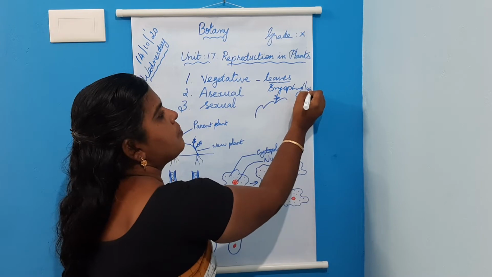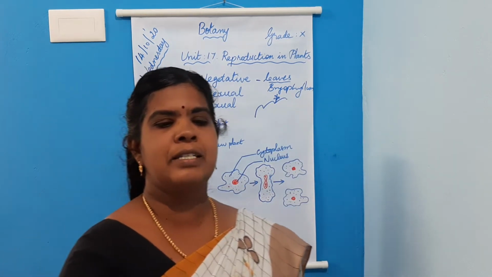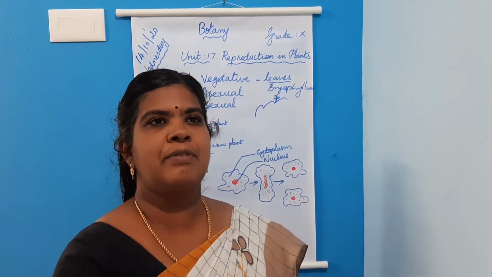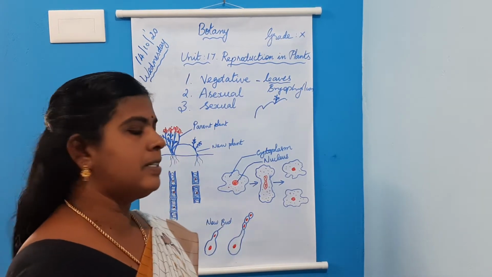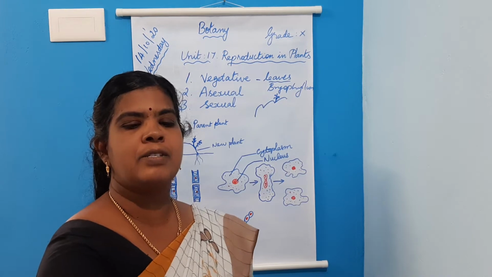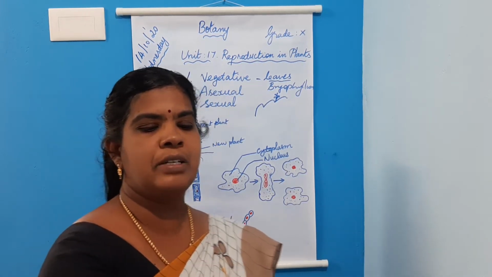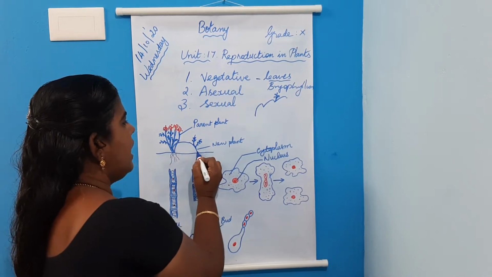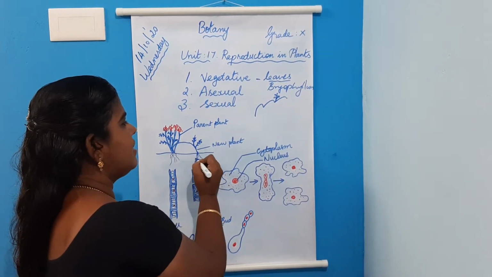Then next is plants which are propagated through stem. Certain weak stemmed plants, for example strawberry: the weak stem touches the ground and gives off adventitious roots and buds.